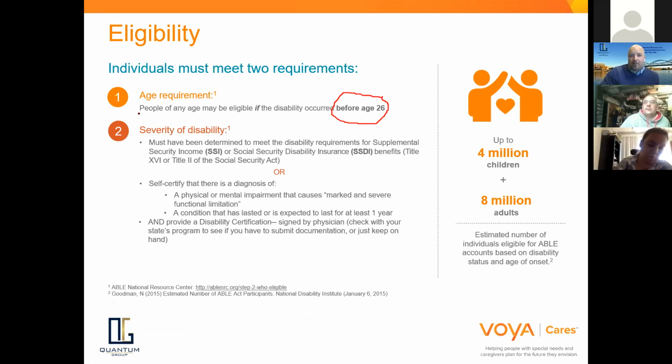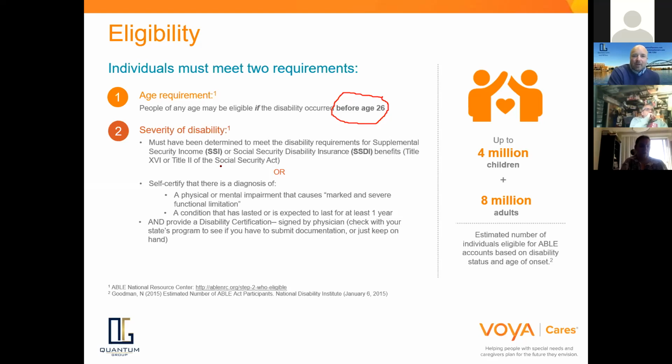The other requirement is the severity of your disability. If you qualify, whether you accept or don't accept and use it or not, as long as you qualify for SSI or SSDI, you're automatically eligible to use an ABLE account if your disability happened prior to age 26.